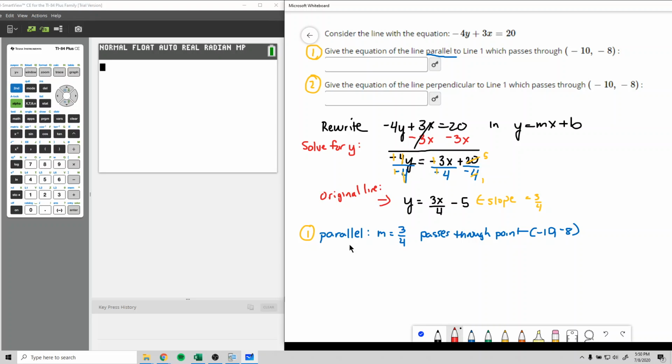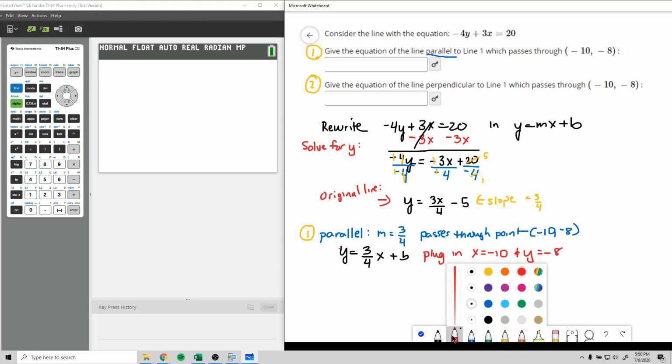Once you know the slope and a point it passes through, this is a problem you've worked earlier in the section. We have y equals mx plus b, but we know m is 3/4, so y equals 3/4 x plus b. Then we plug in x equals -10 and y equals -8, and that'll let us solve for b.